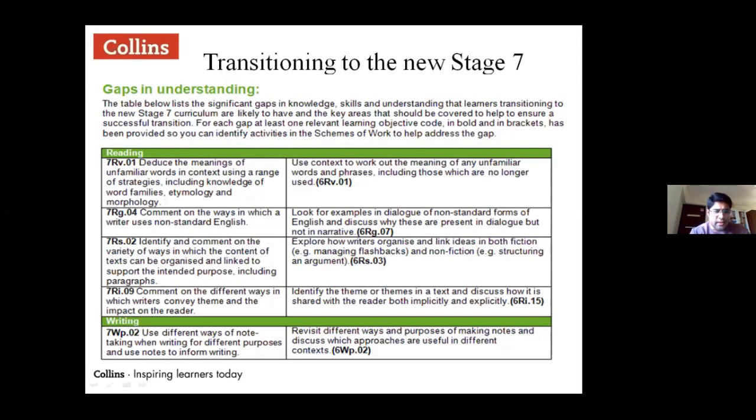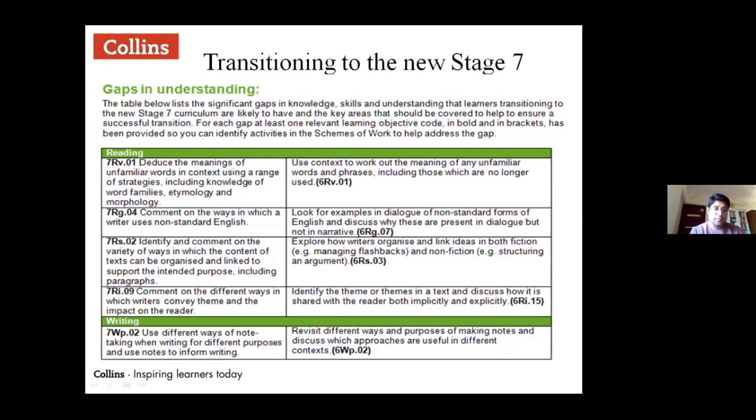Okay, so let's see, what are they asking us in stage 7? What is new over there in stage 7? Deduce the meanings of unfamiliar words in context using a range of strategies, including knowledge of word families, word clusters, etymology, morphology. So this is something building up with the comprehension. We are helping them with the explicit meaning and deducing of implicit meaning.